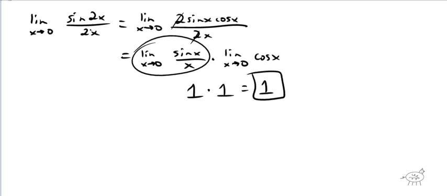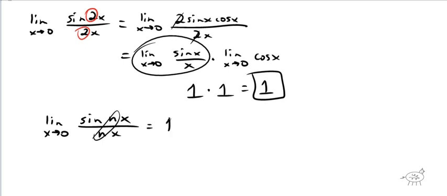So notice, math fans, you had a 2 and a 2 here. So basically a general term, no solution required, is limit as x approaches 0 of sine of nx over nx. If these values are the same, it's equal to 1. They have to be the same though.